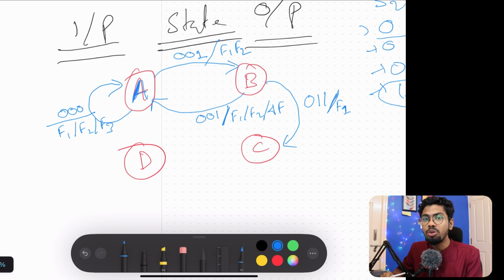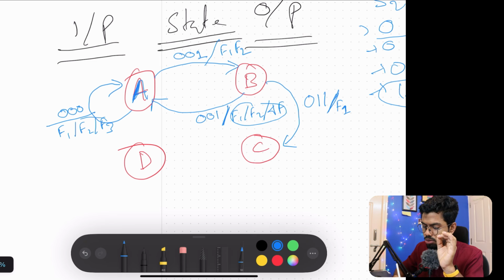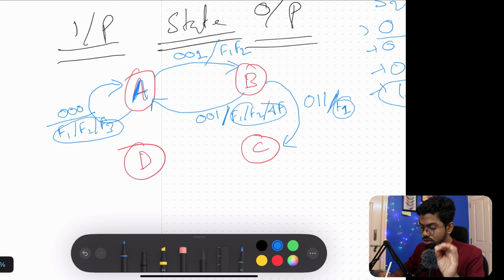So I'm not going to complete this state diagram here, because the main motivation is not to complete it but to show you one thing. See here what is happening, and that is your output. These are my outputs. Your outputs are dependent on which state I am in, but also dependent on what my input is, right? I was in state A previously.